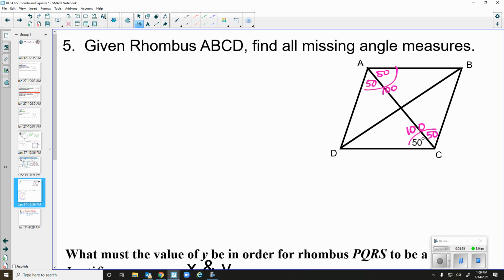So correct, the others have to be 40, 40, 80, 40, 40, 80, because of our congruent or supplement rules and all that stuff. We're still missing some angles. What are we? Rhombus, all of these are 90. And if we label one of those as 90, that means all the other three are 90.